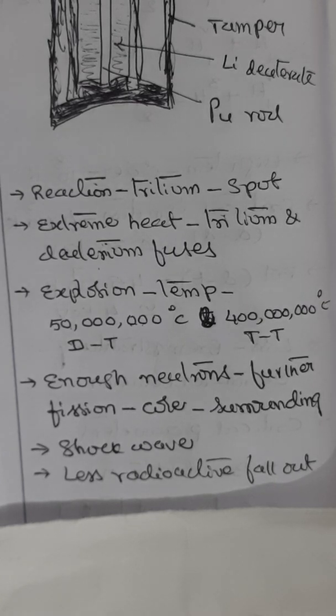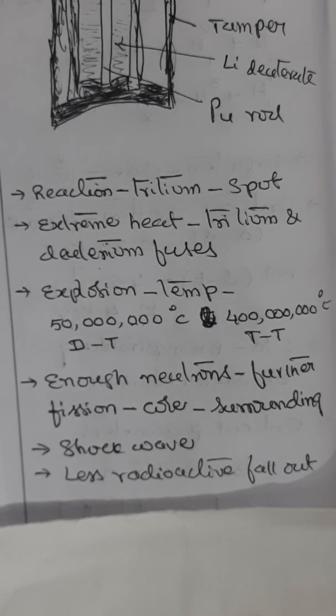A sudden pressure far in excess of atmospheric pressure propagates away from the center of the explosion as a shock wave, containing most of the energy that is responsible for the major part of the destructive effects. Because the fusion reaction produces mostly neutrons and very little radioactivity, there is therefore less radioactive fallout.